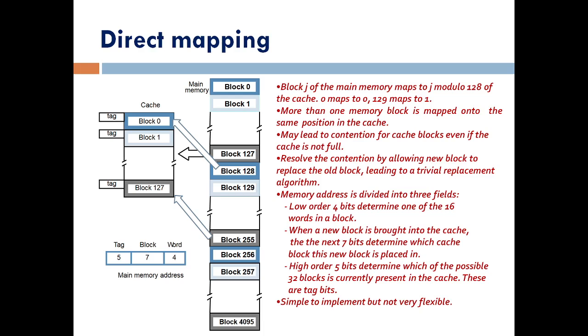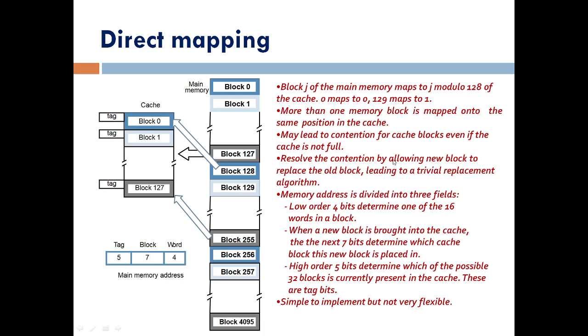What happens if block 0 in the cache is empty and we want to bring block 129 into the cache memory? Block 1 is full, but still we cannot map block 129 into block 0, because it is directly mapped. Block 129 must go to block 1 only. We cannot place it in block 0, which is empty. So that is a contention problem.